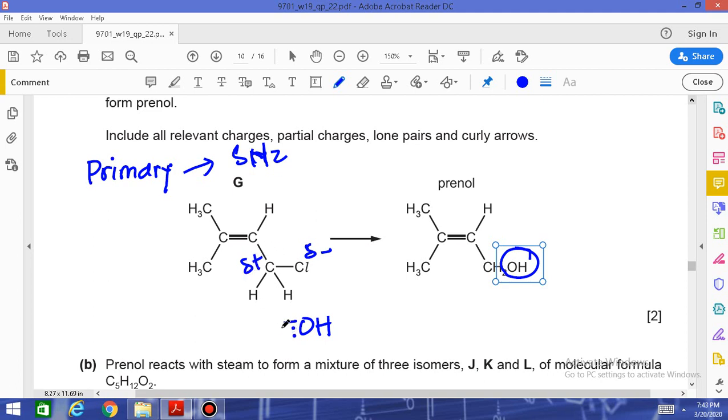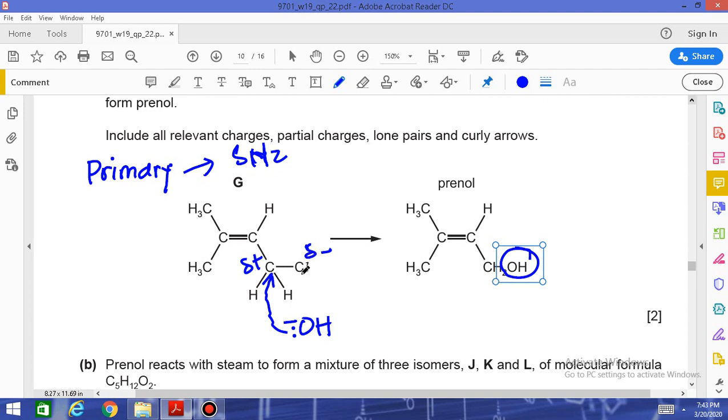So hydroxide ion as nucleophile donates an electron pair to the carbon atom that has partial positive charge. Remember, the carbon atom that carries partial positive charge acts as electrophile, or electron poor species.